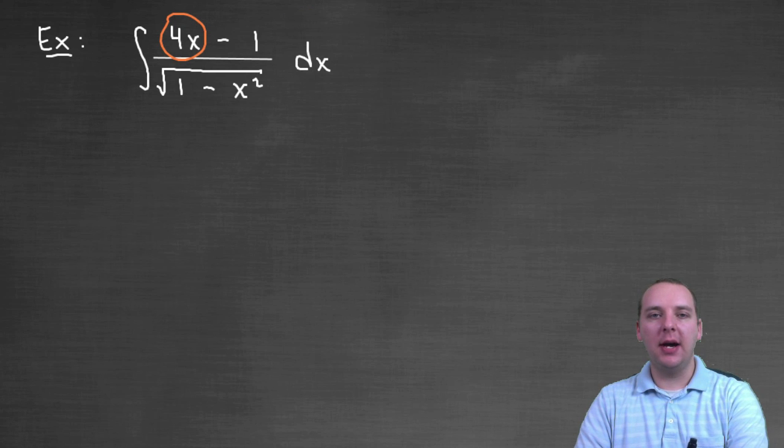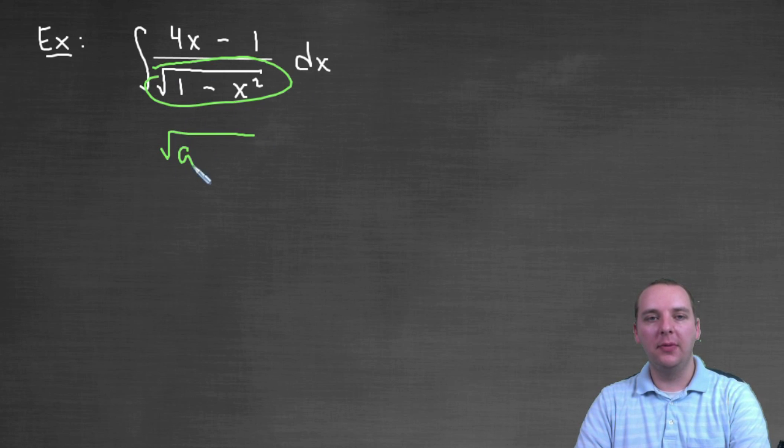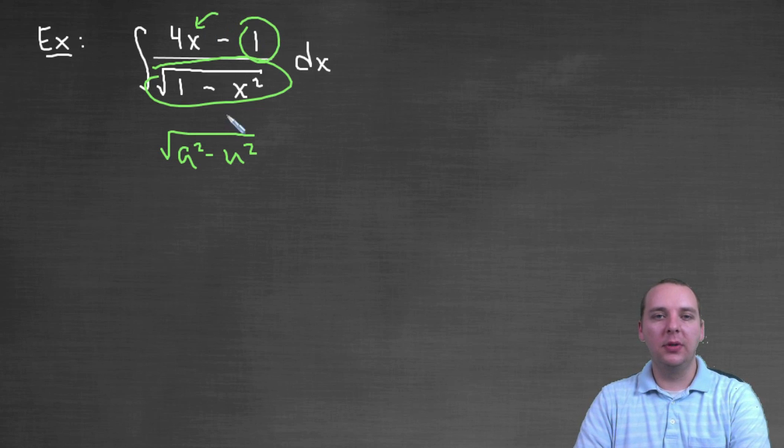Another thing that catches my eye is this roughly looks like an arc sine integral, because in the denominator I've got the square root of a squared minus u squared, where the u is x, and the derivative of u would be 1, which seems pretty decent for this guy, but the 4x has really nothing to do with that.